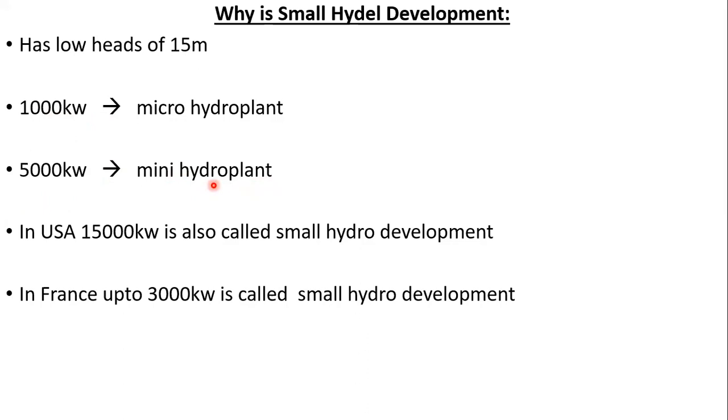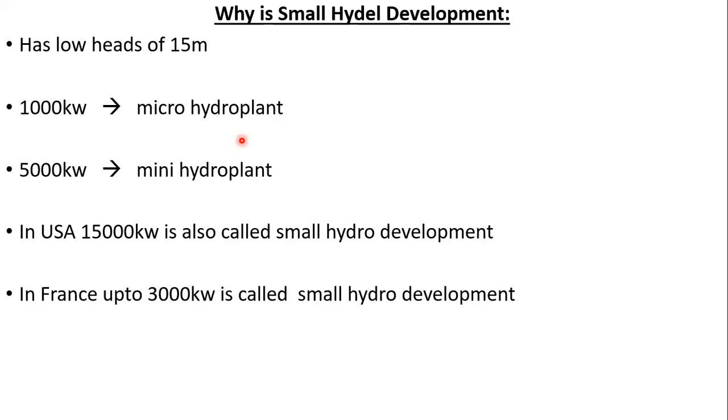The concept of small hydro is naturally relative and varies from country to country. It depends upon the country and the size of the existing development. In the USA, even 15,000 kilowatts is considered a small hydro development. But in other countries like France, up to 3,000 kilowatts is considered a small hydro development.